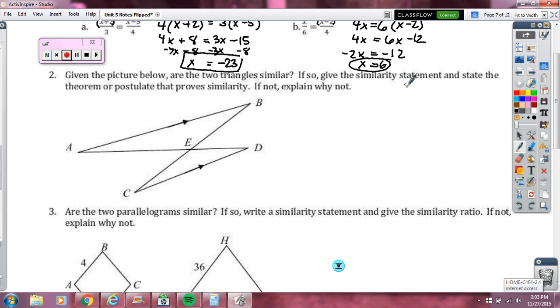If so, give the similarity statement and state the theorem or postulate that proves similarity. So this is going to be one of our three, either AA, SSS, or SAS. If not, explain why not. Okay, so I see these two arrows, meaning I've got some parallel lines. With parallel lines, I might extend these a little bit.